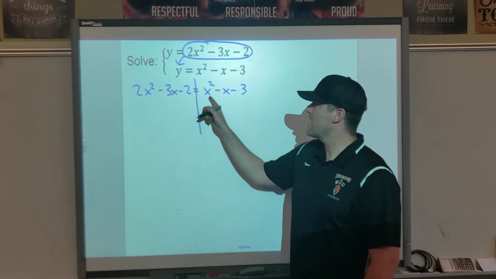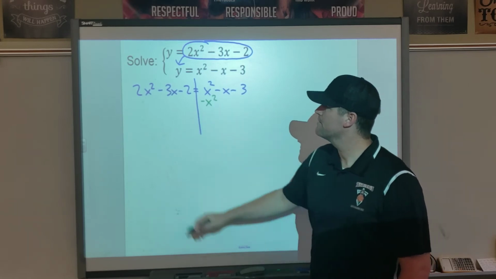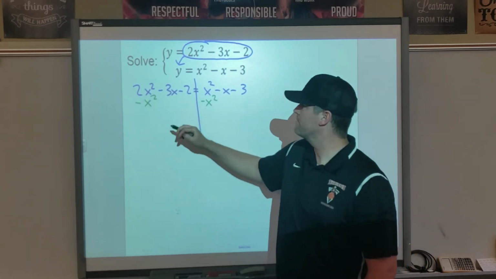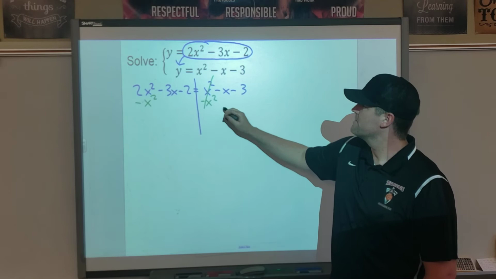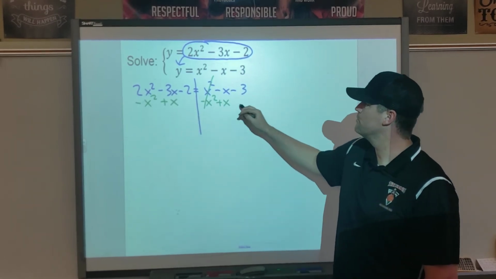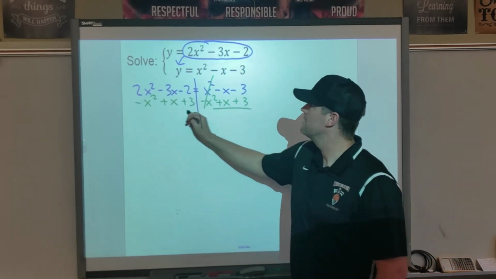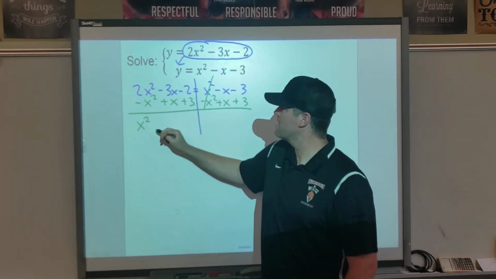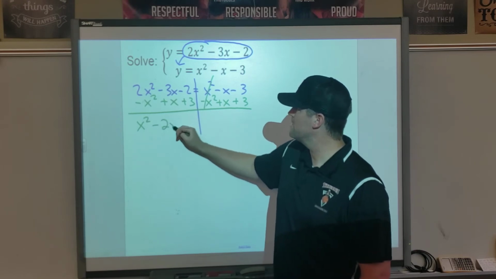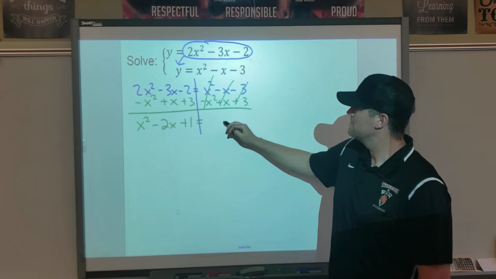So I'm going to subtract my smaller x squared, or get rid of my smaller x squared, so minus x squared from both sides. I also need to move that, so I'm going to add x. And I need to move the negative 3, so I'm going to add 3 to both sides. And we get x squared minus 2x plus 1 equals 0.